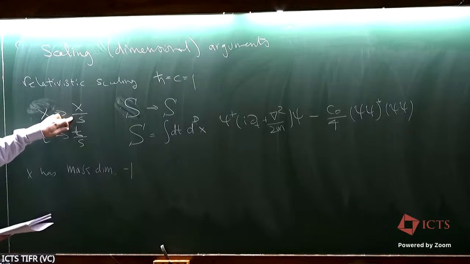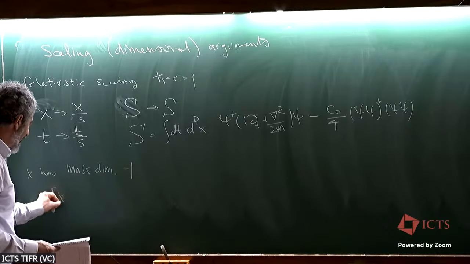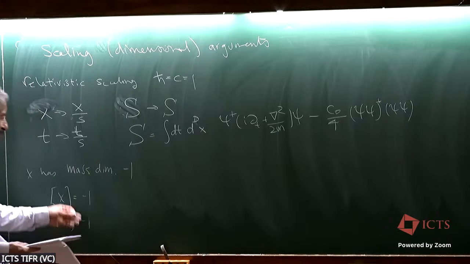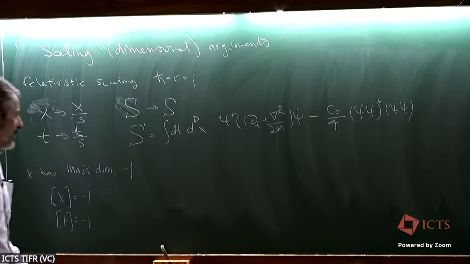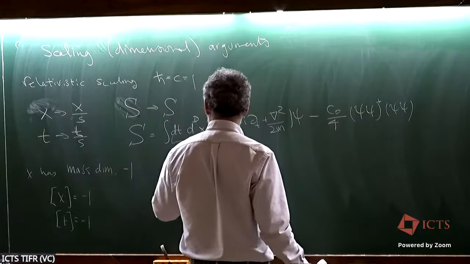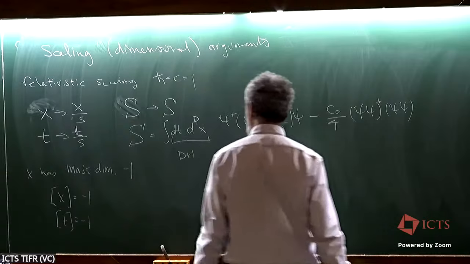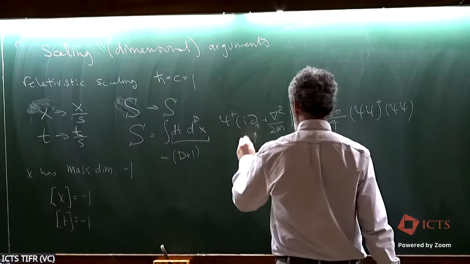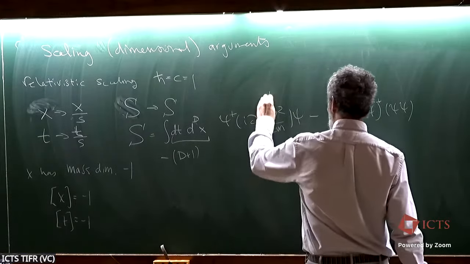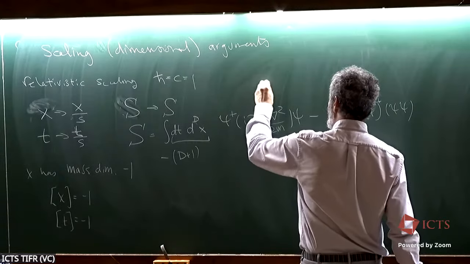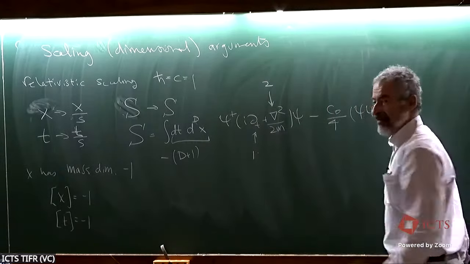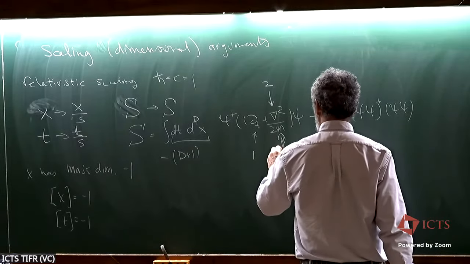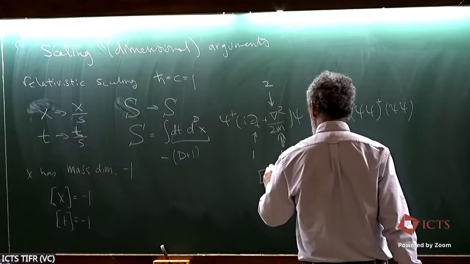It scales like s to the -1, which we can write as [x] = -1 and [t] = -1. So that means it has dimension inverse mass. And therefore, this has dimension D plus 1, and this has dimension 1, and this has dimension 2. And since we're adding these two things, they have to have the same scaling dimension, which means that we must have the mass has dimension 1. So we have to add in [m] = 1.